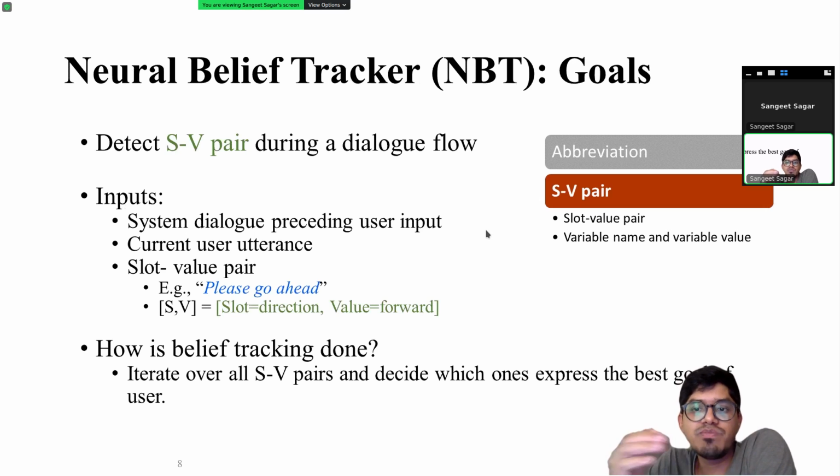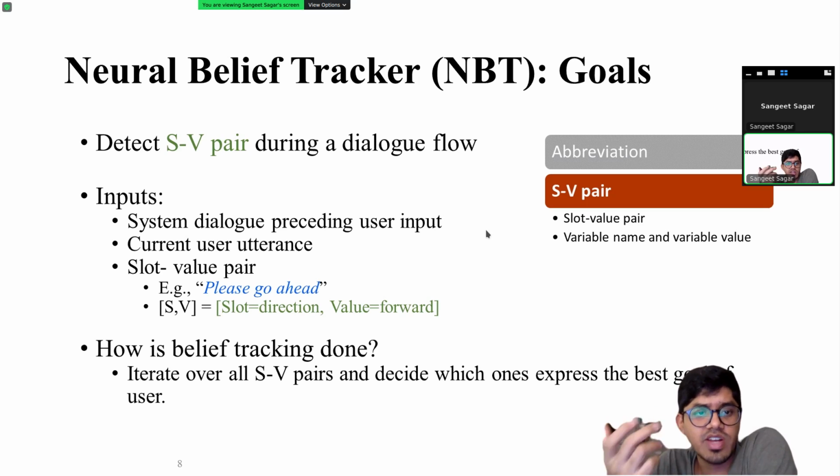The Neural Belief Tracker was first proposed in 2017, and it aims to leverage modern deep learning approaches to perform dialogue state tracking.